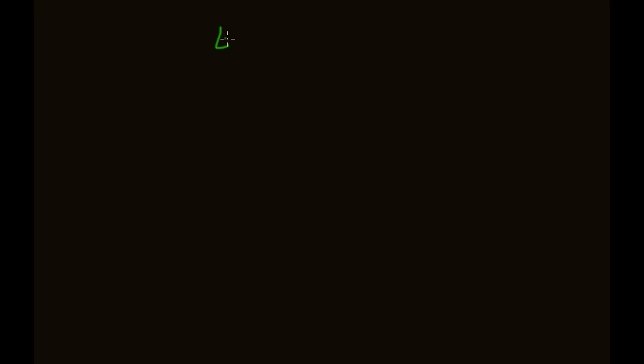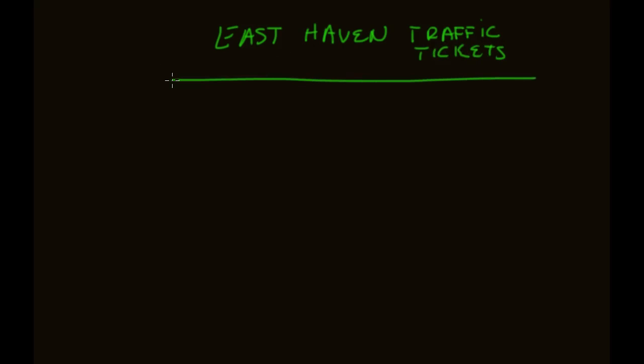Let's say we have the East Haven, I think that's in Connecticut, traffic tickets issued by the police department in East Haven over a certain period of time. We're going to have a heading by race and by frequency.